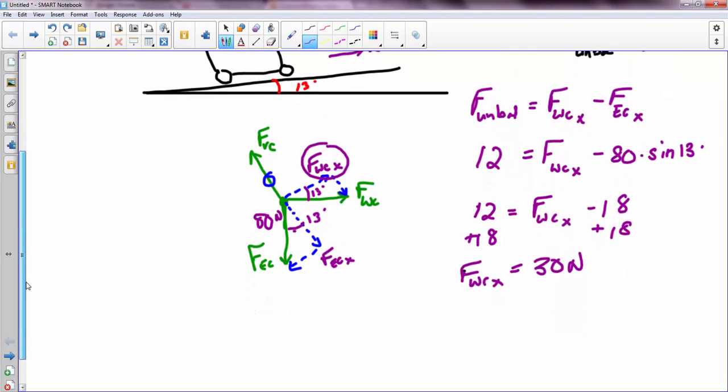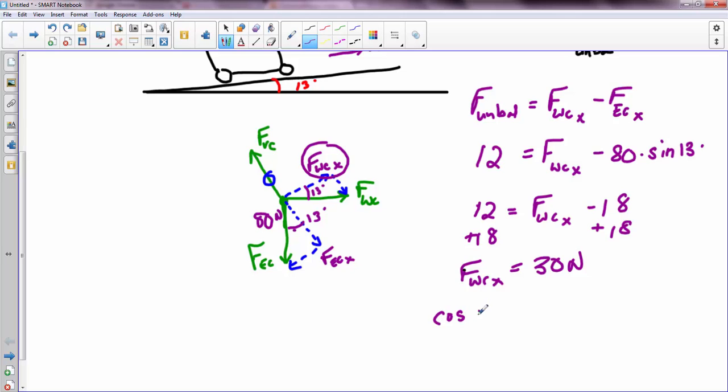So now, since this is the adjacent leg, and we know the length of the adjacent leg, cosine of 13 is equal to adjacent leg over the hypotenuse, which in this case is the woman's push force.